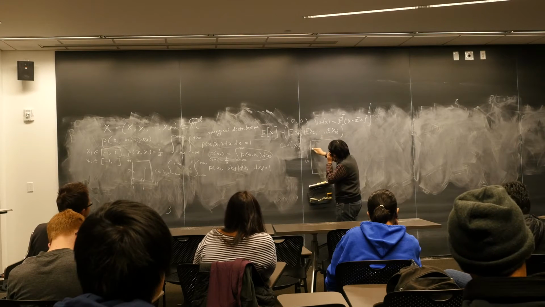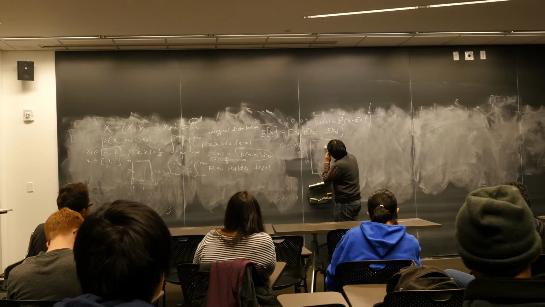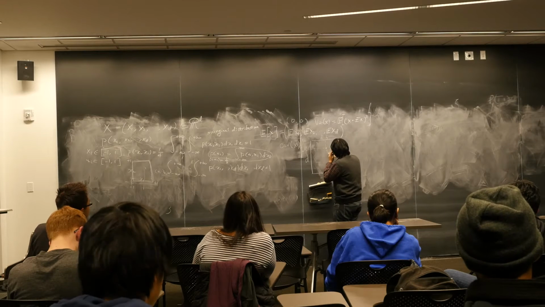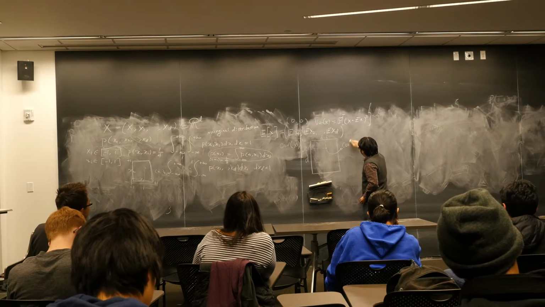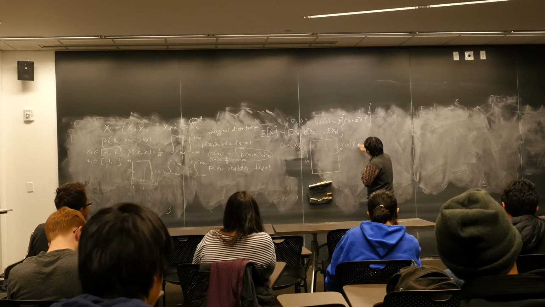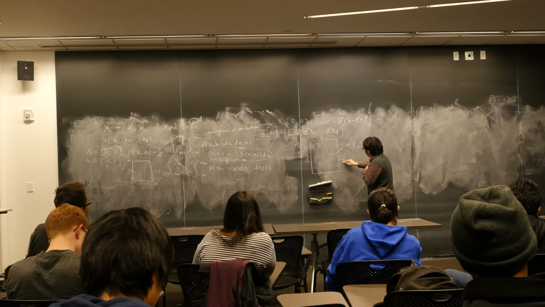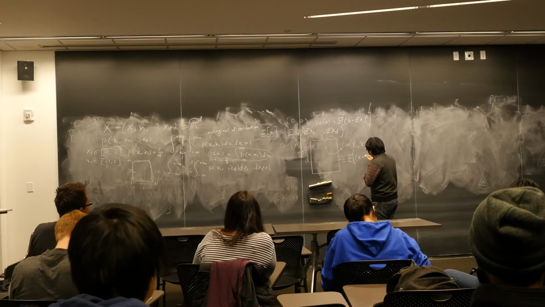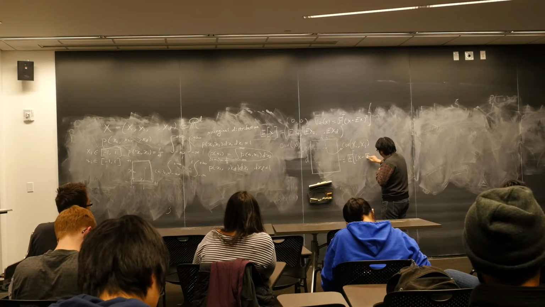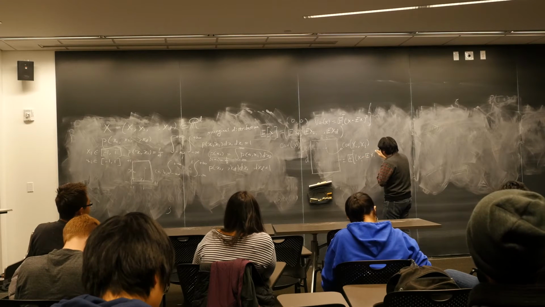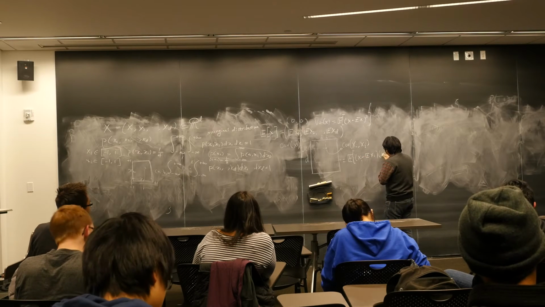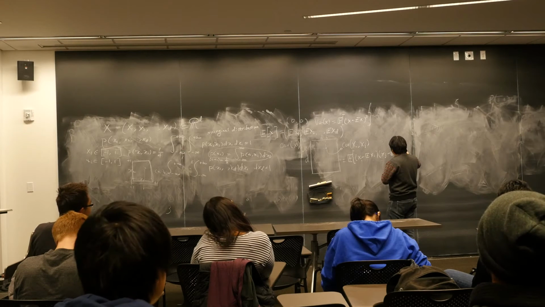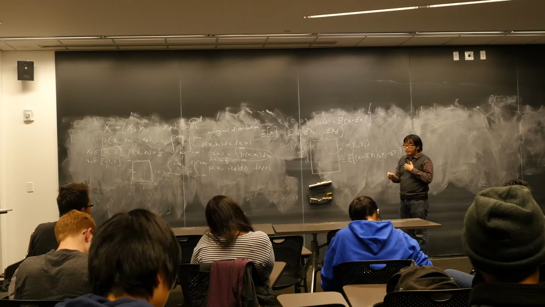And the ith row and the jth column entry will be the covariance between xi and xj, and is defined as the expectation of (xi minus its mean) times (xj minus its mean).